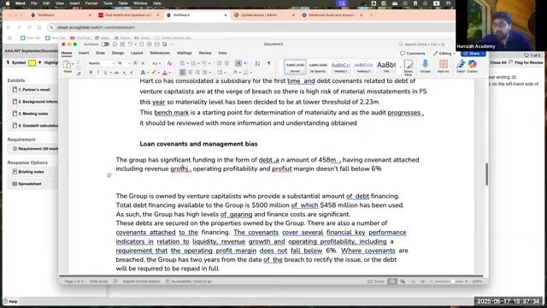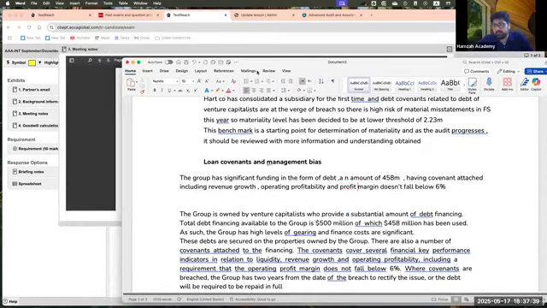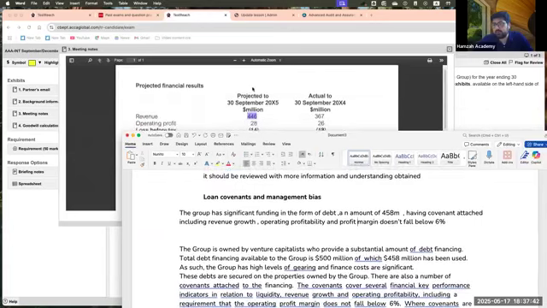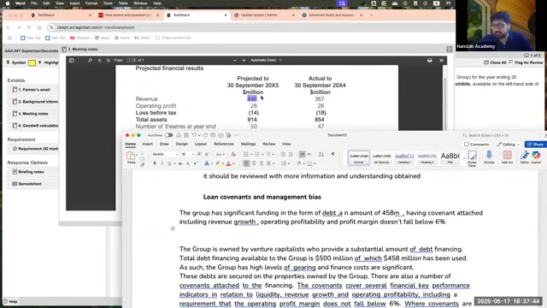Now we will evaluate all these things. How much is the revenue growth? Tell me, from last year to this year, by what percentage has the revenue grown? 21.5% from last year.